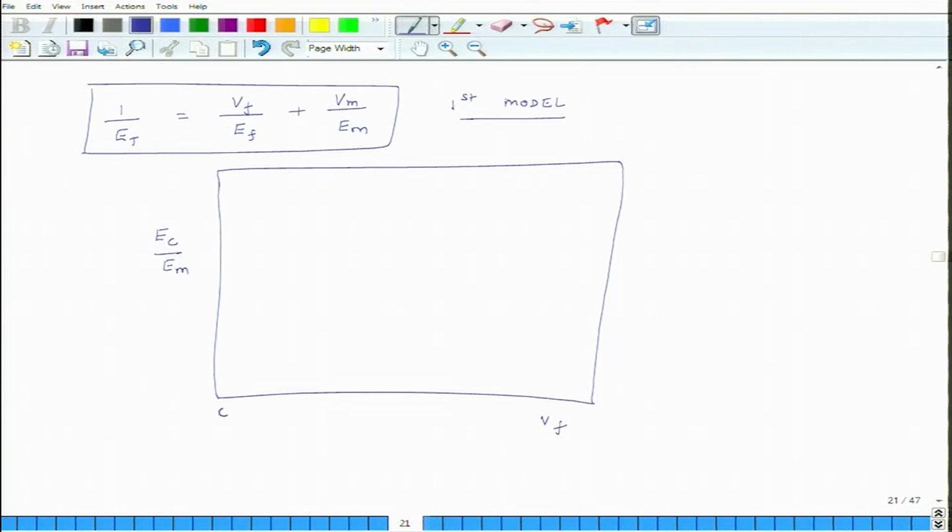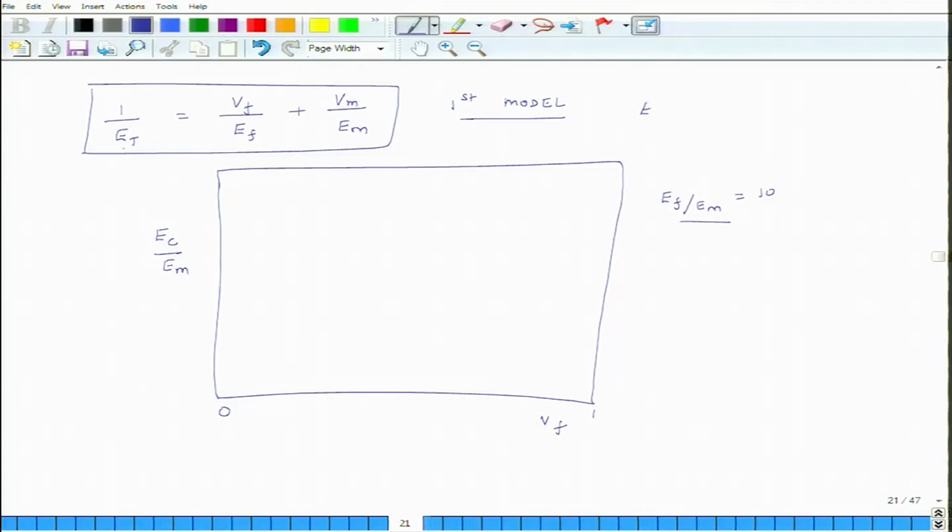Volume fraction could vary anywhere from 0 to 1, that is 0 to 100%, and we assume while making this graph that the fiber modulus is 10 times that of matrix modulus, because you have to make some assumption. So, EF is 10 times that of EM, and once we have that, we can make this plot. So, this is the relation for ET.